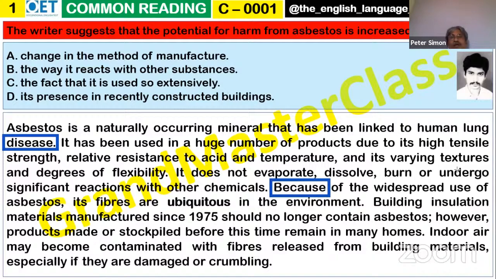Now see here, because of the widespread use of asbestos, again repeating the same thing. The first sentence is talking about the disease, the harm because of asbestos, that is lung disease. The second sentence is telling about usage. And the third sentence is talking about the advantages of using it. The second sentence also is talking about due to, which means because of.